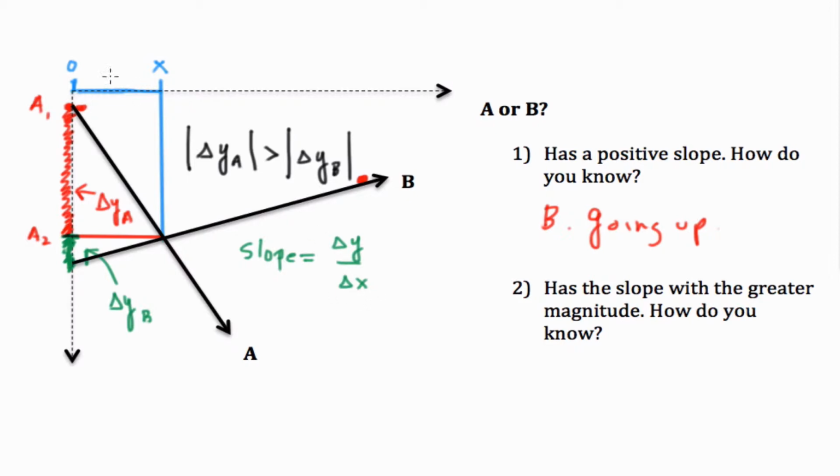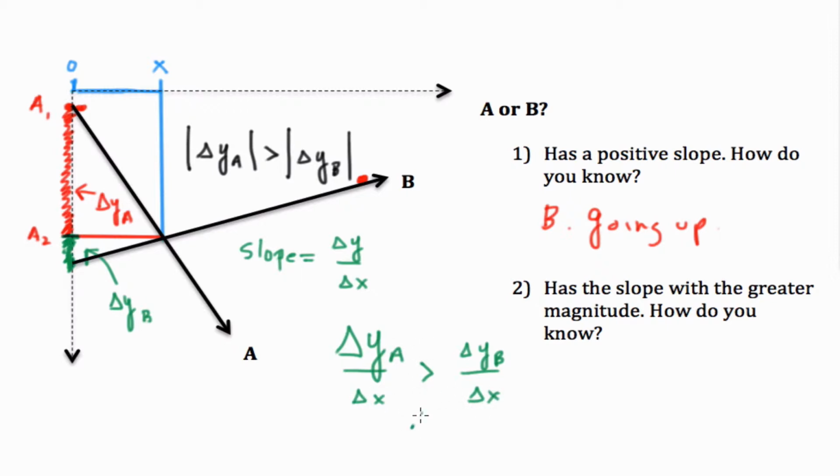We know that change in x is the same for both of these lines. From the beginning of this event to whenever they intersect, we know that the change in x is the same, but we also know that the change in y for A in that interval X is greater than the change in y for B in that interval X. These denominators would be the same.